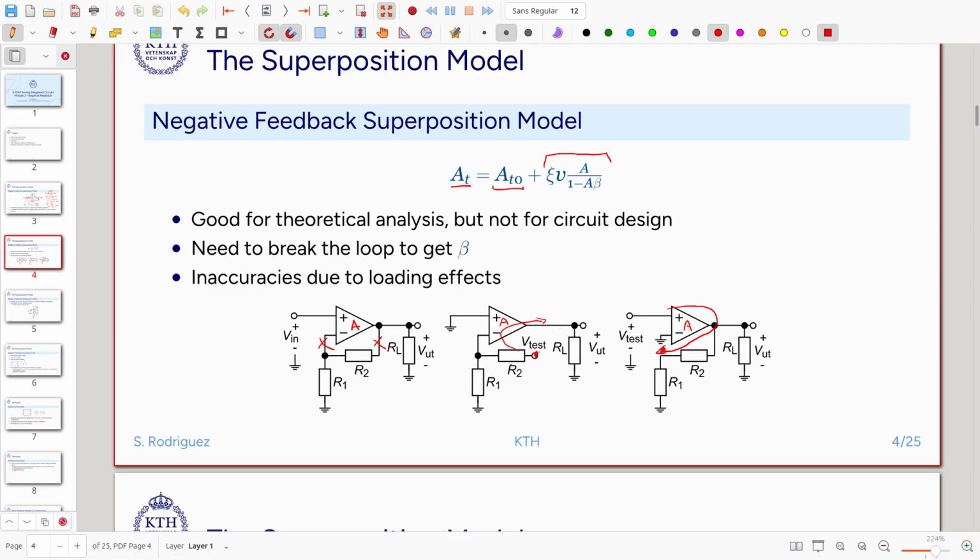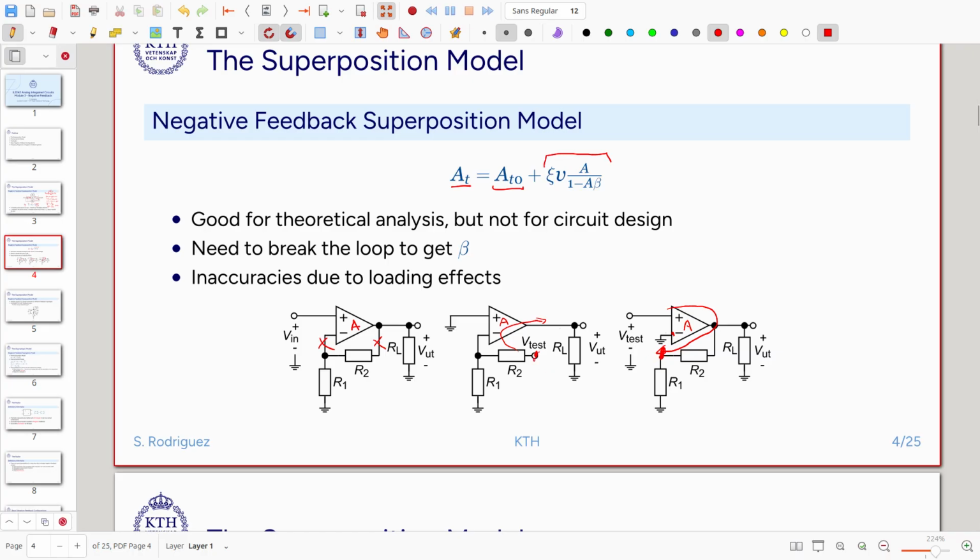But anytime that I introduce these breaking points in the loop, I am also introducing inaccuracies because of the loading effects. For instance, the input impedance of the real amplifier has some value, and when I disconnect the network that brings beta from this resistive divider, I will be introducing some mistake.